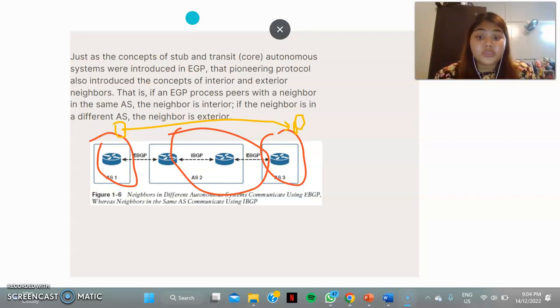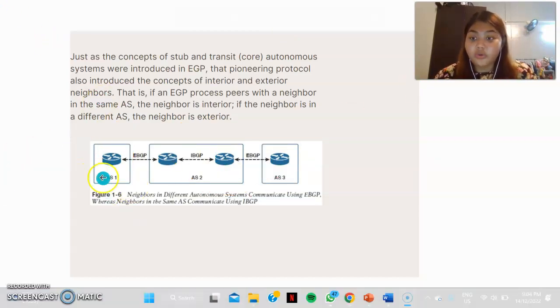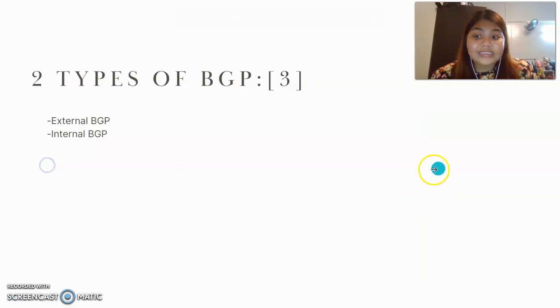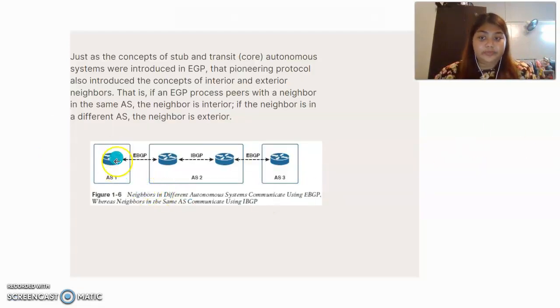From autonomous system 1 to autonomous system 2, we call it external BGP, because from one network to another network we use external BGP.